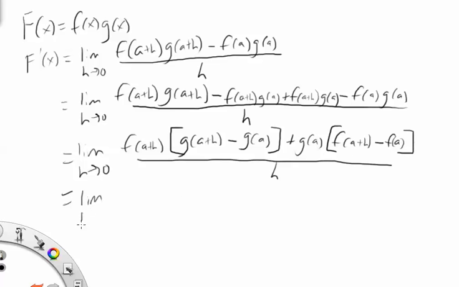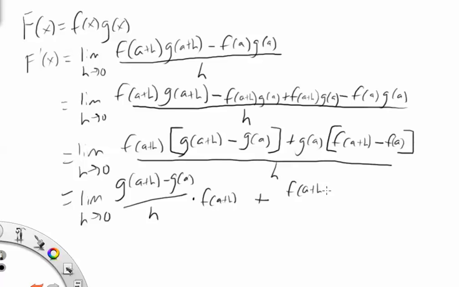So the limit as h goes to 0, check this out, g of a plus h minus g of a all over h times f of a plus h, plus f of a plus h minus f of a all over h times g of a.